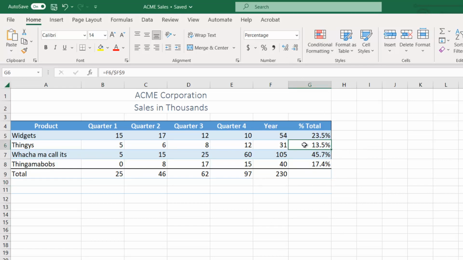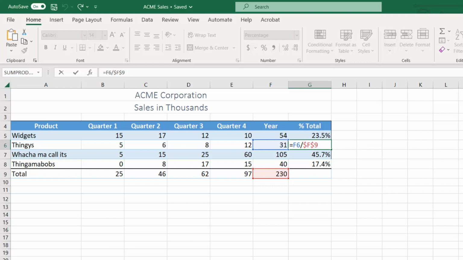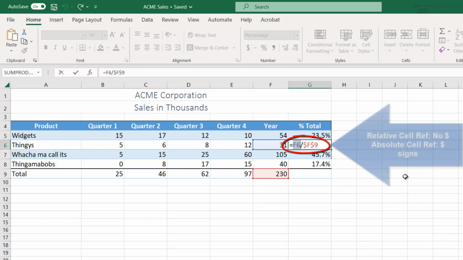So let's double click and look at this formula right here. It changed the F5 that I had on row 5 to F6. I wanted that to change, but it did not change the F9 because my total is always going to be in cell F9. So if we're looking at this formula right here, this is a relative cell reference. If I copy it down to row 7, it's going to change it to F7, and it's going to pick up the total for the year of whatchamacallits.